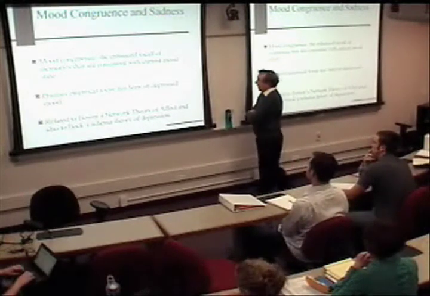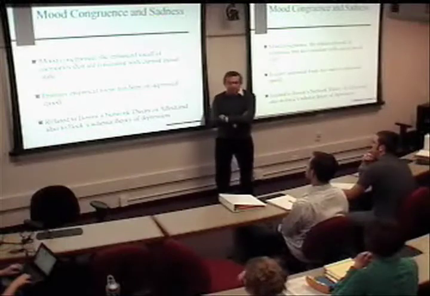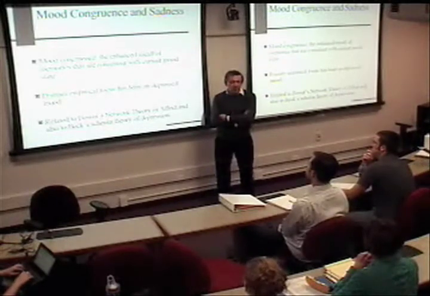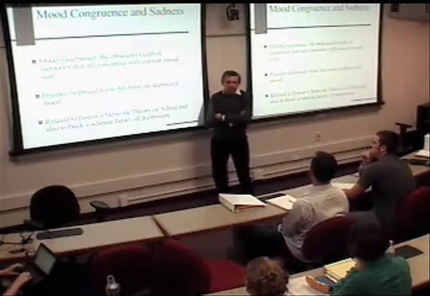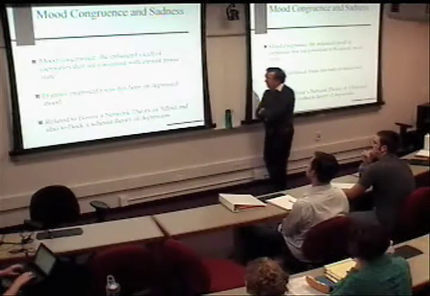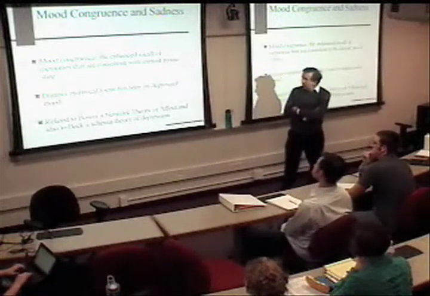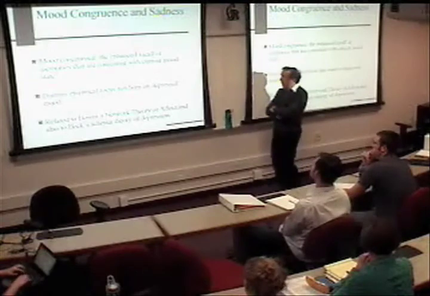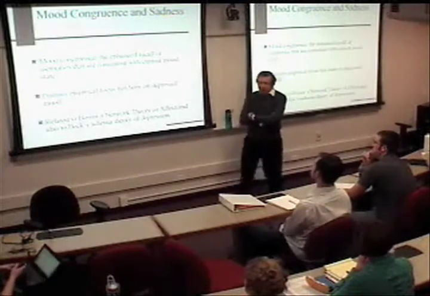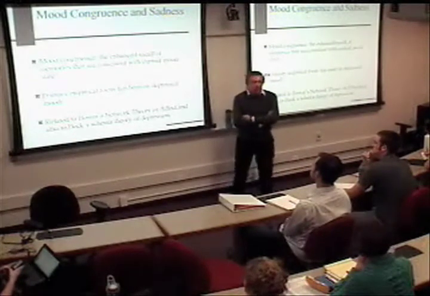So your current mood will make it easier for you to recall things that were consistent with your current mood than things that are inconsistent with it. Most of the focus has been on depressed or sad mood in the research.